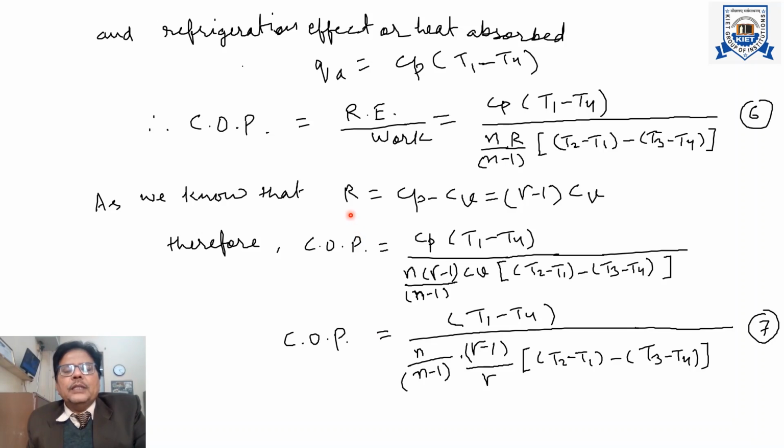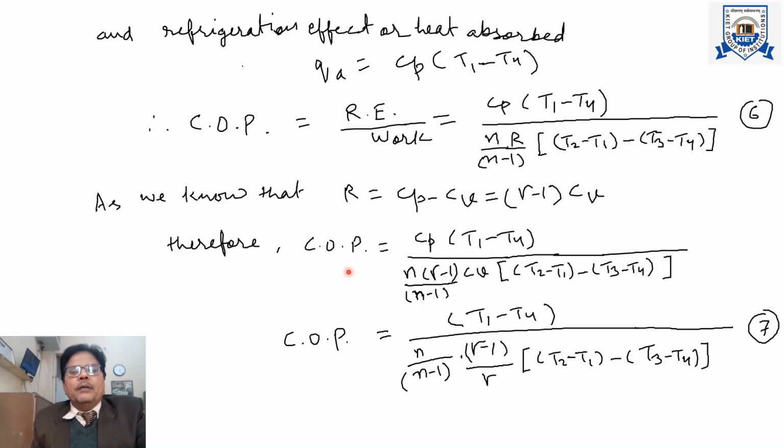And we also know what R is. R is the difference of specific heats, R equals Cp minus Cv, or we can write it as Cp minus Cv equals gamma minus 1 times Cv, because if we take Cv out, Cp over Cv is gamma. So R can be replaced by gamma minus 1 times Cv in equation number 6.